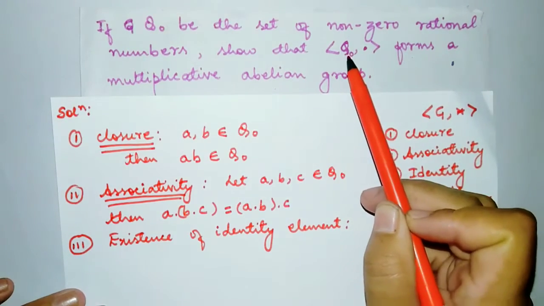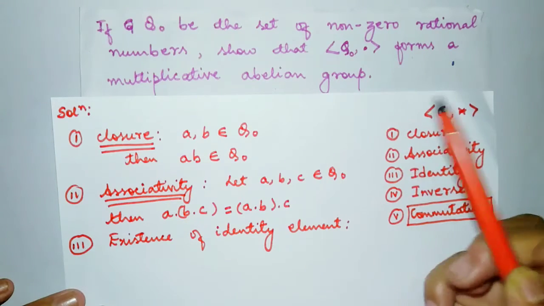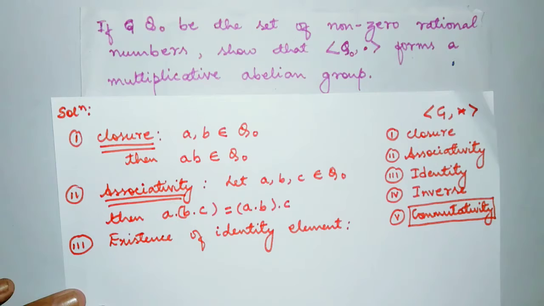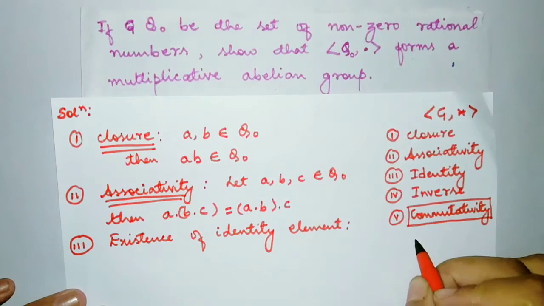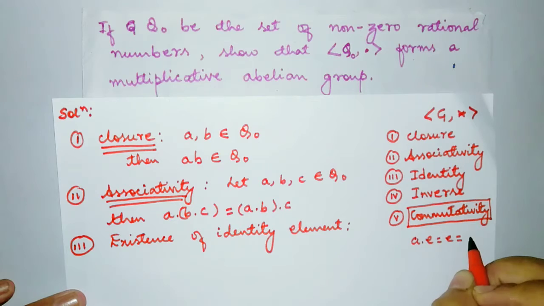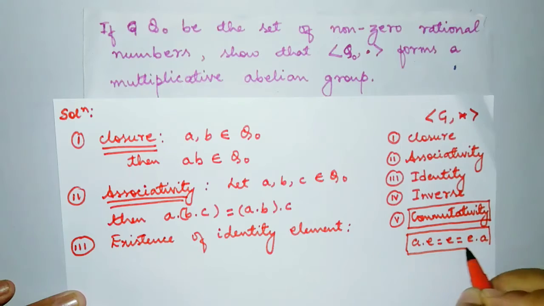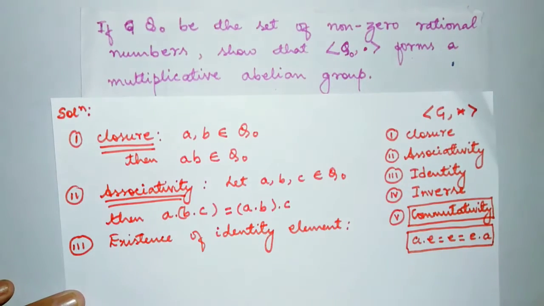For this set under a multiplication binary operation, find an identity element E such that A into E is equal to E into A is equal to A. Find that identity element for this one.